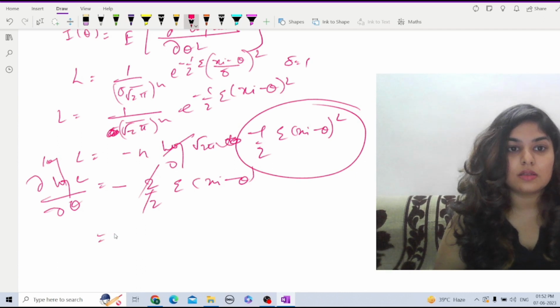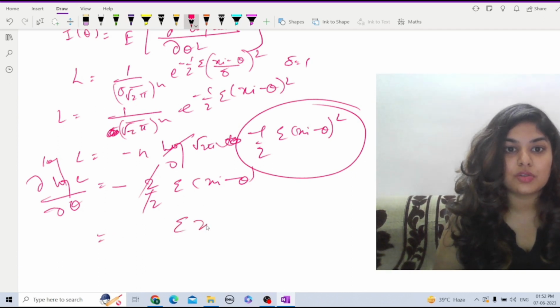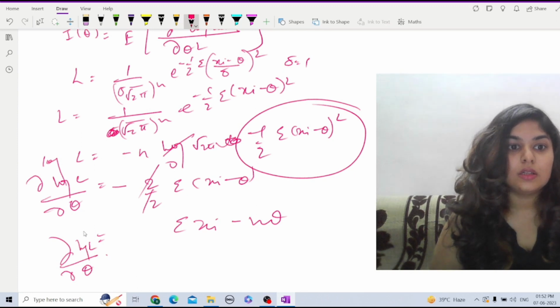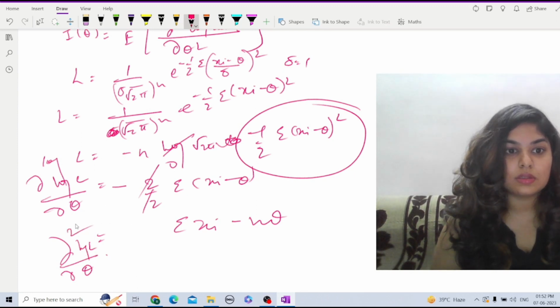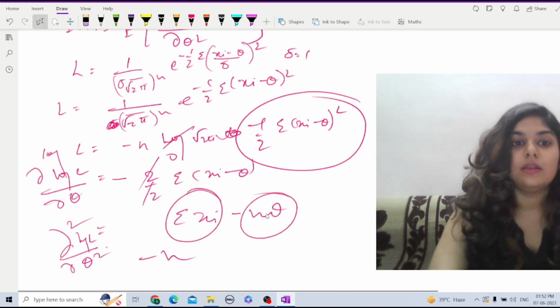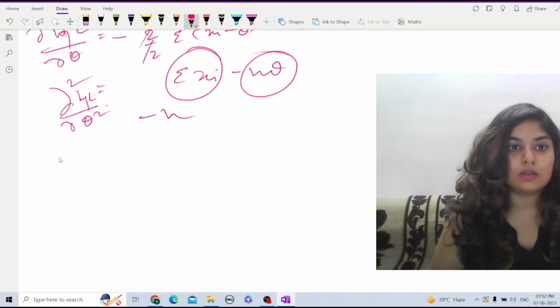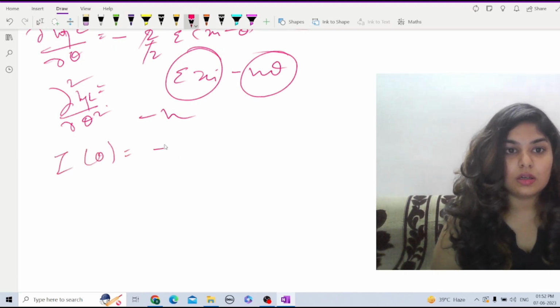Now the 2 gets cancelled, so we have summation xi minus n theta. Now let us take the second derivative of this: delta square log L by delta theta square is minus n, right? So that means I(theta) is equal to minus of the expectation of minus n, so that turns out to be n.